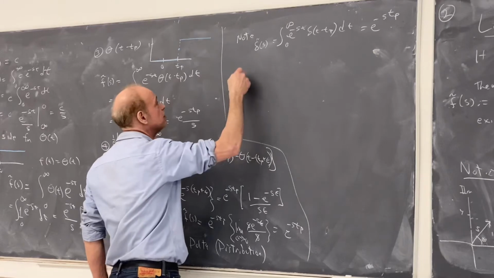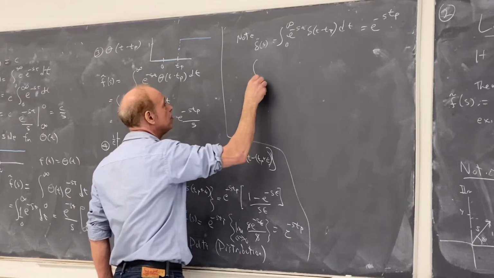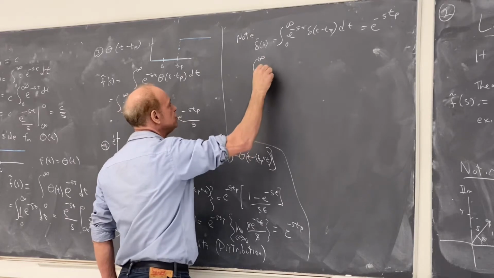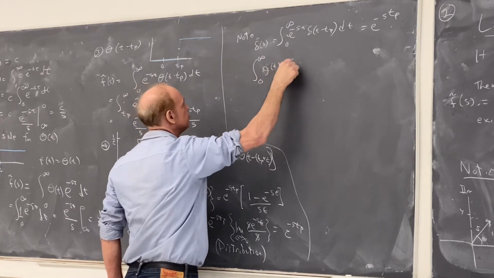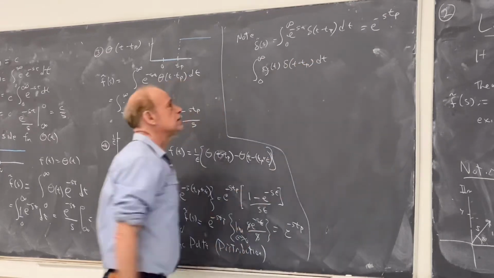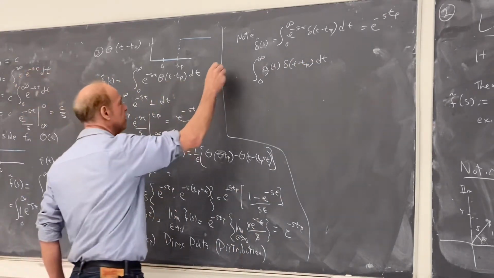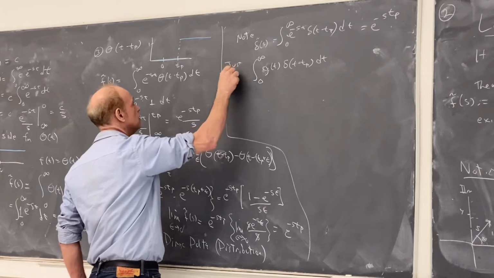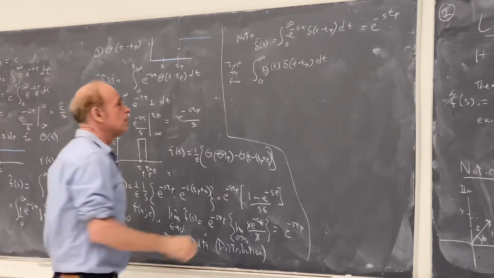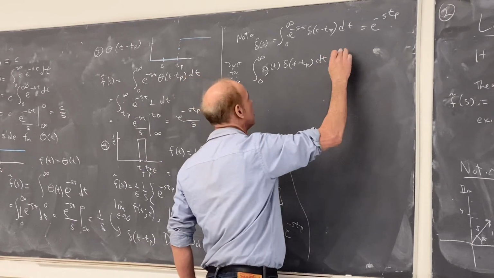So let's look at the integral from 0 to infinity of a general function, say g of t, times delta of t minus tp, dt. Let's just see what that is. This is just for fun. Well, this we said is the limit.